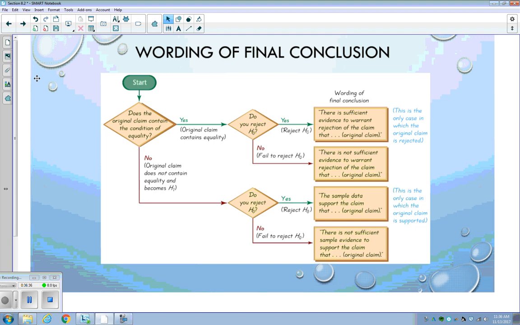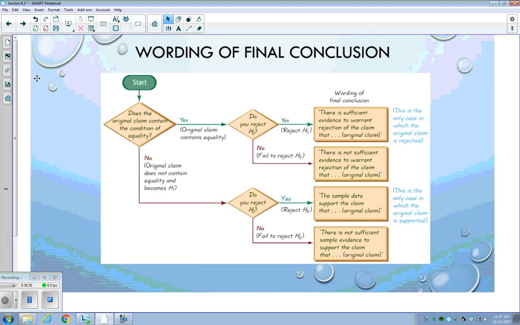If the original claim does not contain equality and becomes our alternate hypothesis, in other words, with the girls, it says this will be more likely girls. That was a greater than. Because that was a greater than, this is where we're going to state our conclusion.